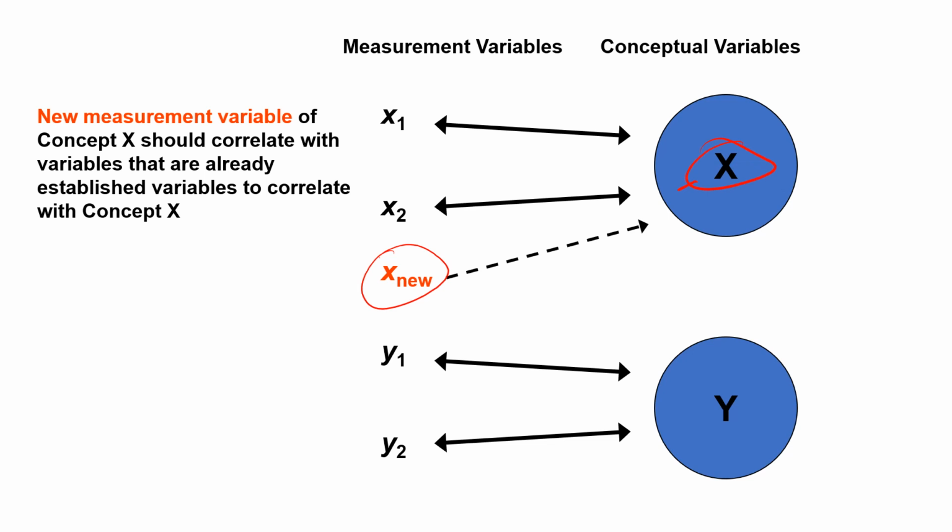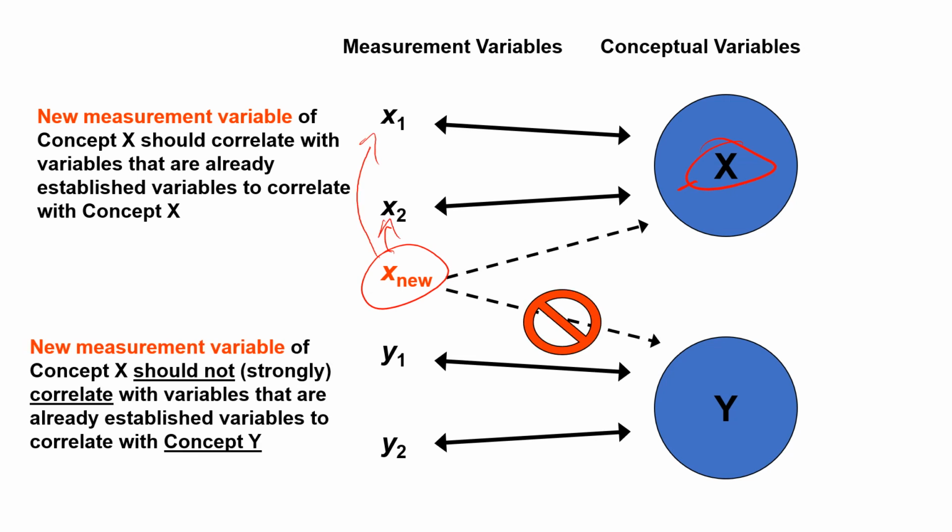So what you want to do is basically correlate it with other variables that are already measuring x. So you want it to correlate with these, but you also want it to, at the same time, not correlate with another variable. So you want it to not correlate with these.